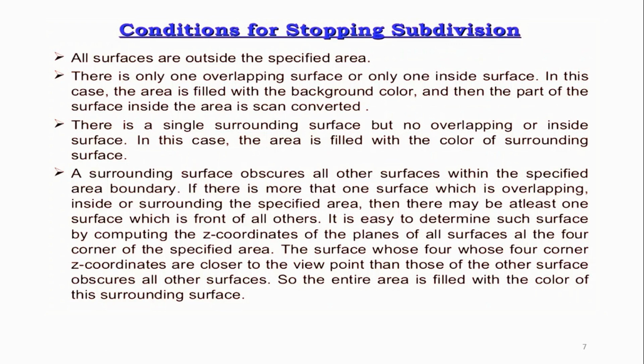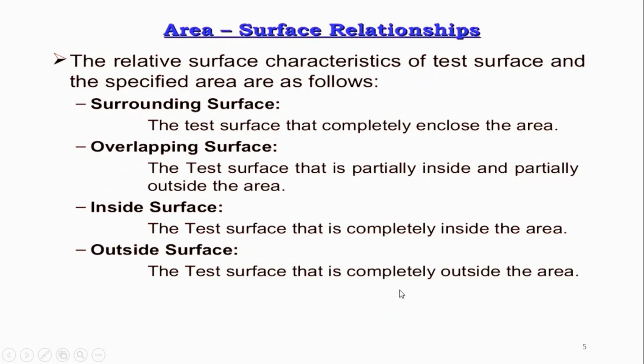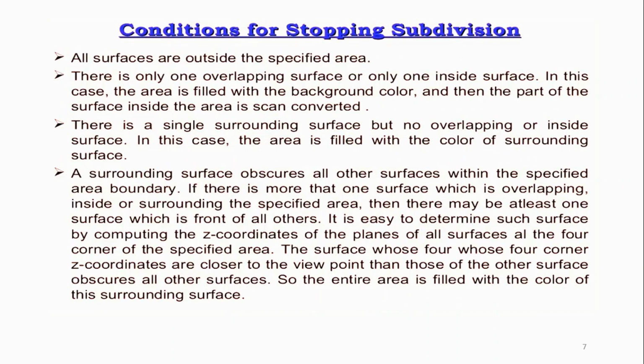So when do we have to stop the subdivision? We take the entire visible area and subdivide it recursively. The stopping conditions are as follows. If all the surfaces are completely outside the specified area, we need not subdivide.